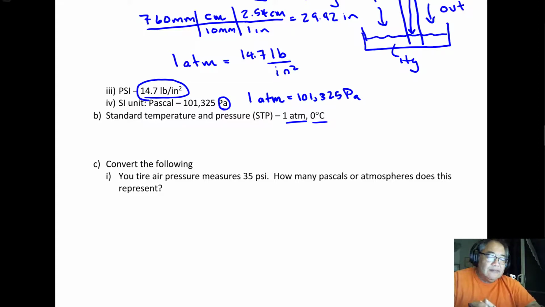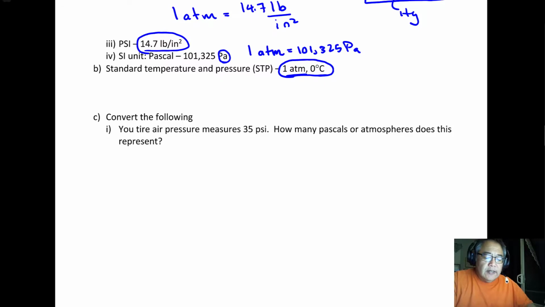I'll ask you what's standard temperature and pressure. You have to be careful because when you look up standard temperature and pressure, there's a military standard temperature and pressure. There's all kinds of standard temperatures and pressures. Best thing to do is just remember that 1 and 0, and then it's pretty straightforward.